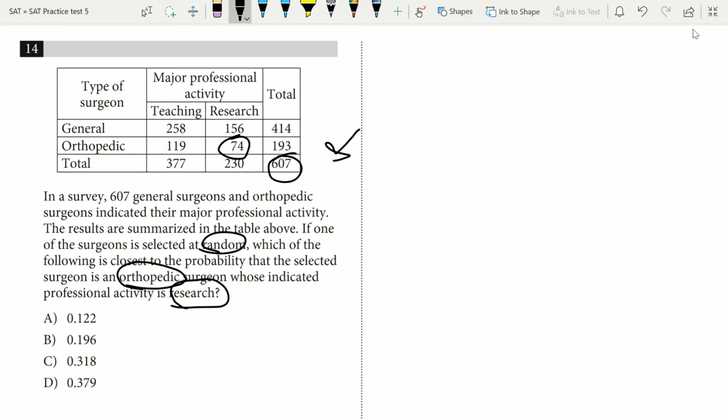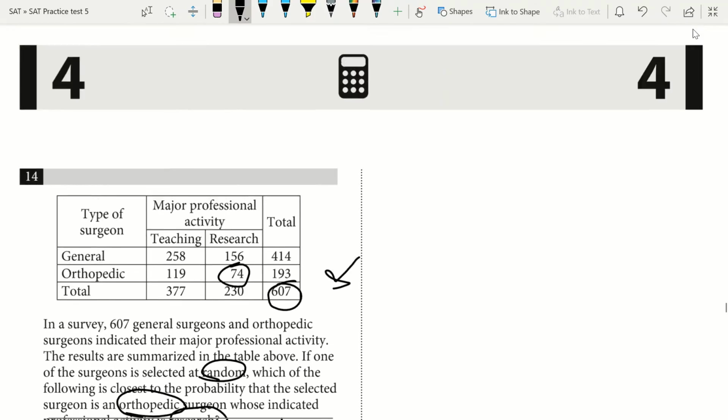We're told it's out of the total because it's random. We have 74 over 607. I plug that into my calculator and I get 0.122. So the answer choice is going to be A there.